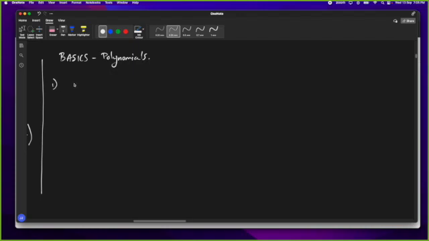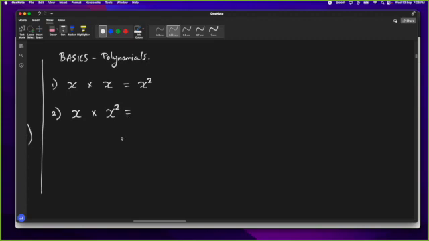So number 1, what do I get when I have x multiplied by x? X squared. So the next question is this. What about x multiplied by x squared?